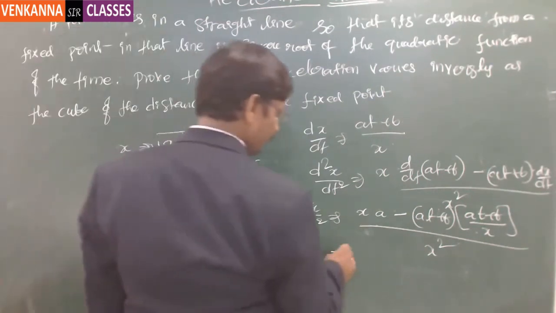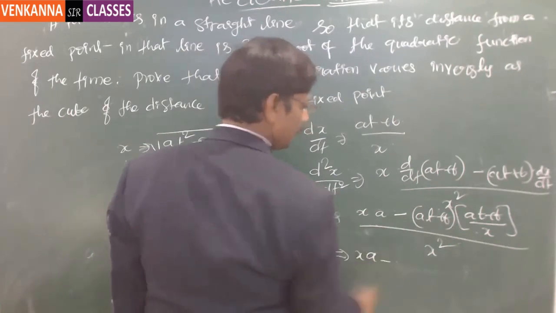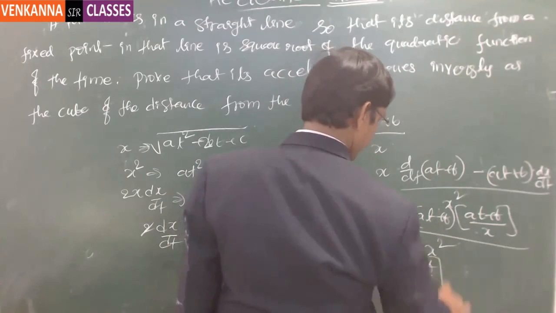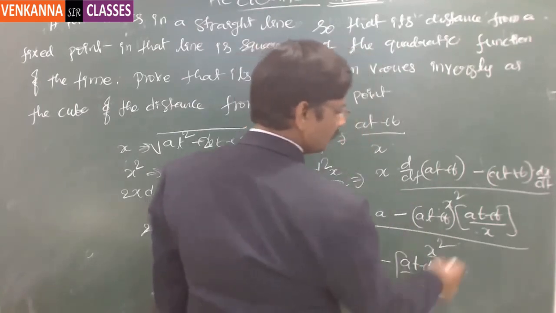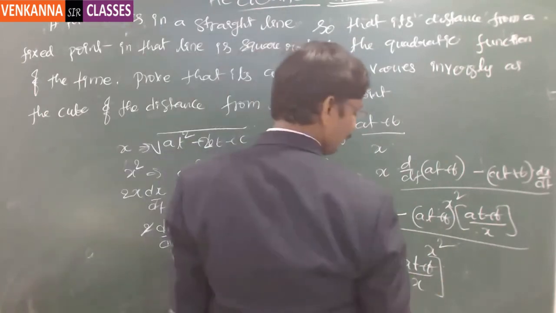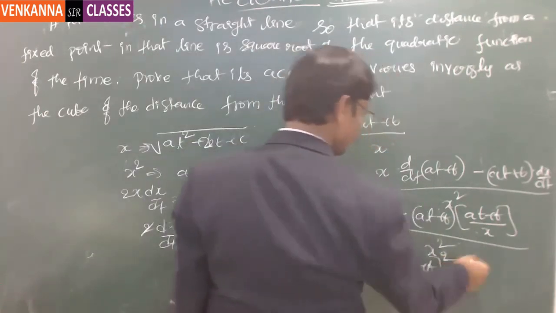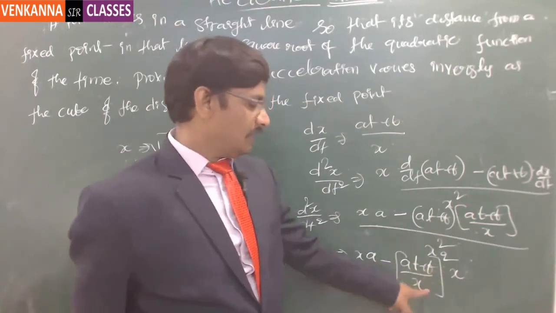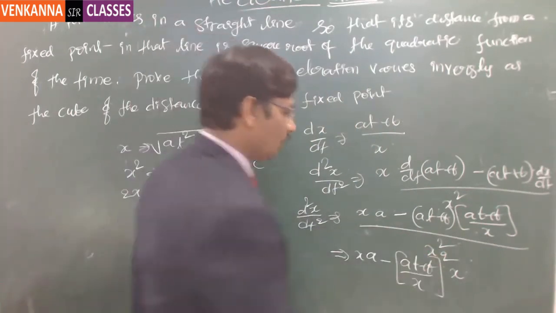So this you can further simplify: xa minus at plus b by x. Here there is only one x, so I will multiply with one more x here so that I can bring it out. So at plus b whole square divided by x square, into x, whole divided by x.